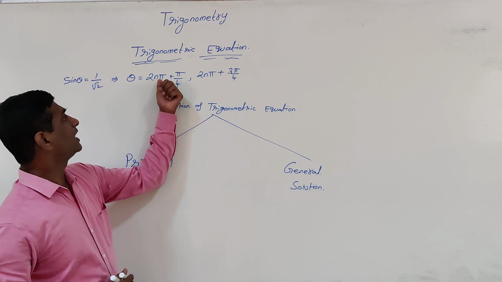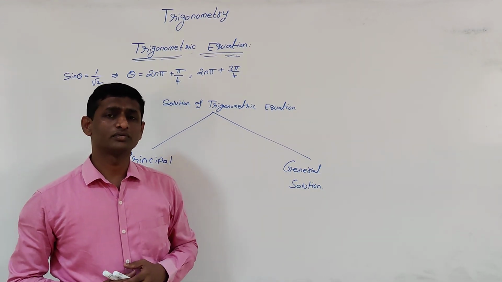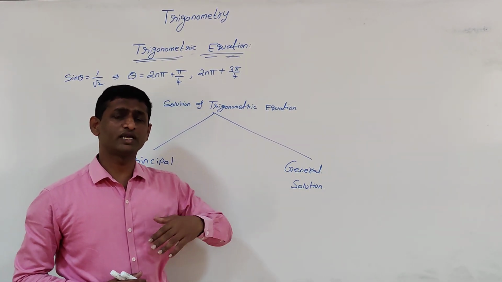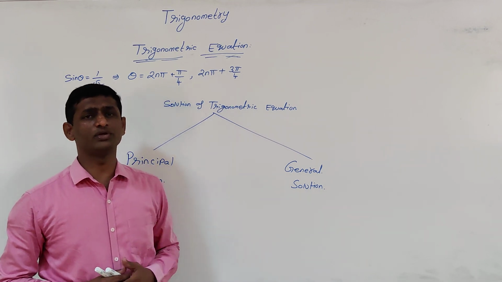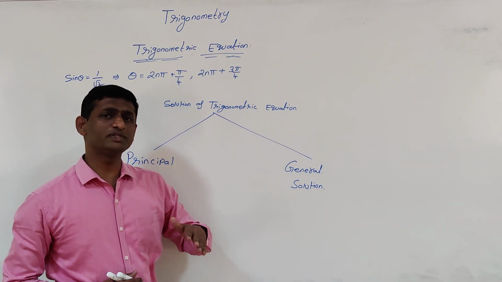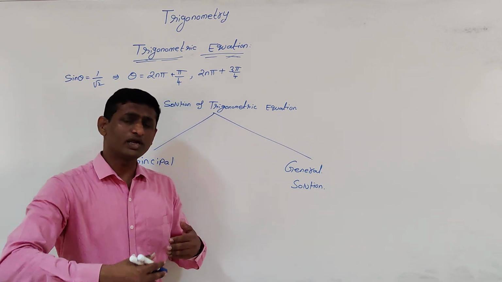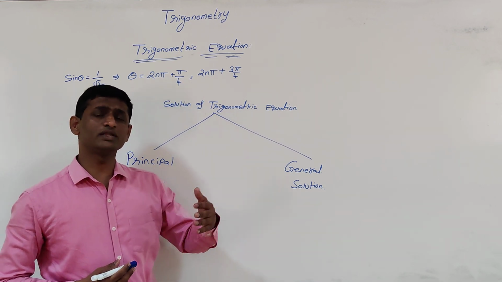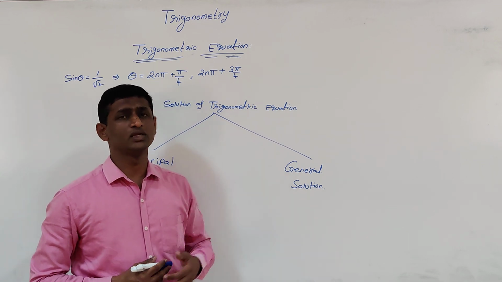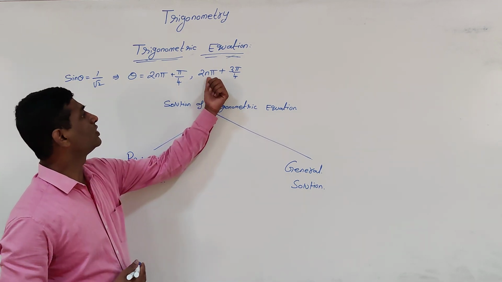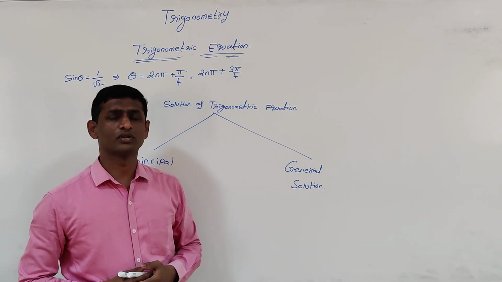What is n? n is an integer, means we can have positive integers as well as negative integers. If n is positive, the angle is rotating in the anti-clockwise direction. If you rotate in the negative direction, means in the clockwise direction, we also get the values. And 2n pi plus 3 pi by 4.